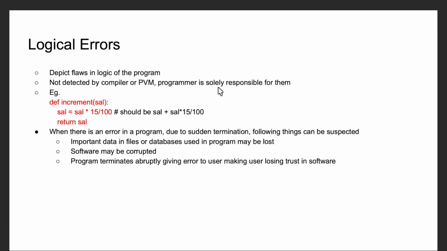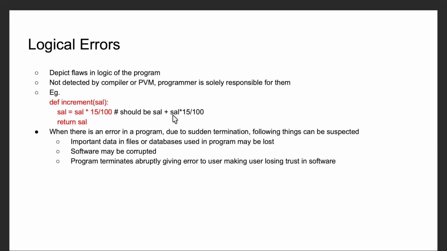But the programmer is solely responsible for logical errors. As you can see, this increment function will return the salary, but what will be returned is actually 15% of salary. Since it is an increment of 15%, it should be sal plus sal of 15%.